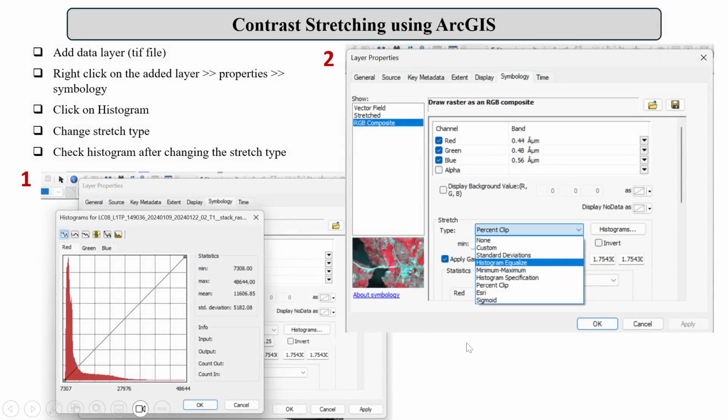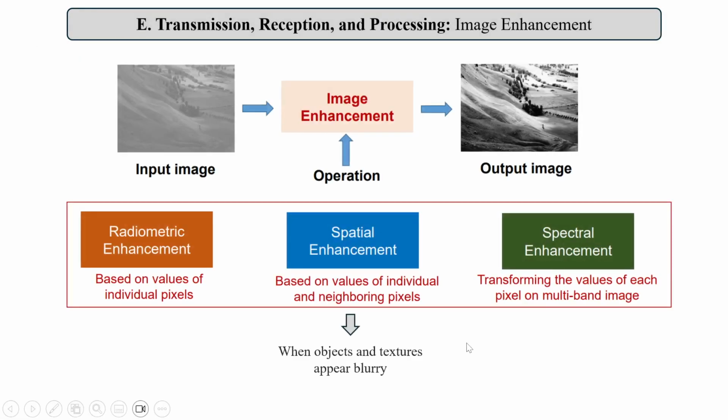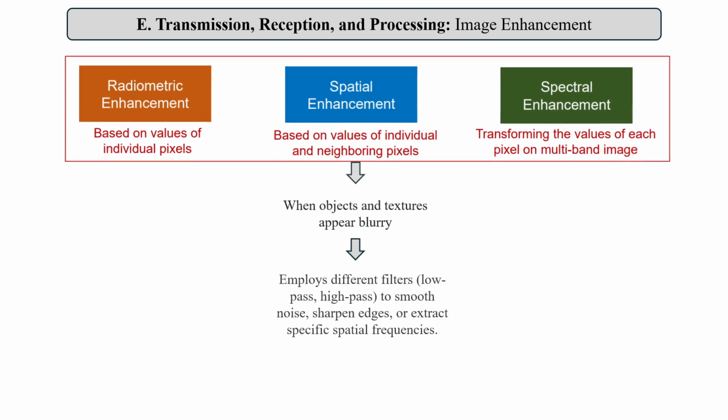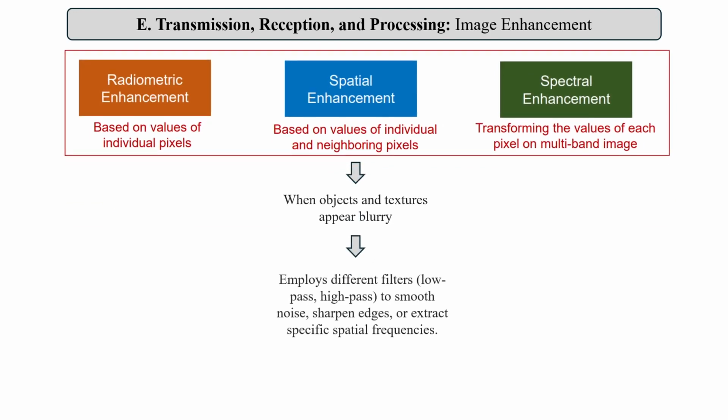Now we'll go for spatial enhancement. Spatial enhancement is based on individual and neighboring pixels. Suppose the objects or textures are blurry, so we can employ different filters like low pass filter or high pass filter to smoothen the image or sharpen the edges.